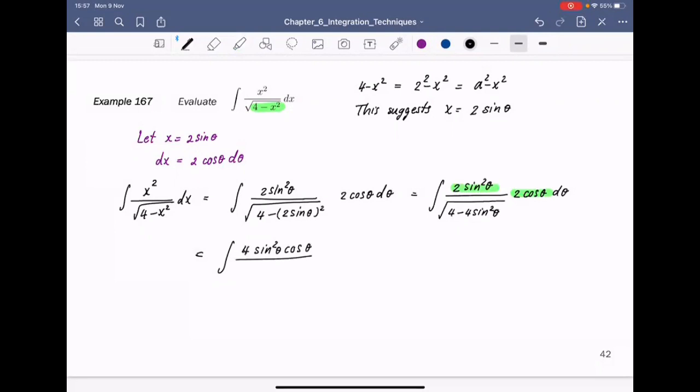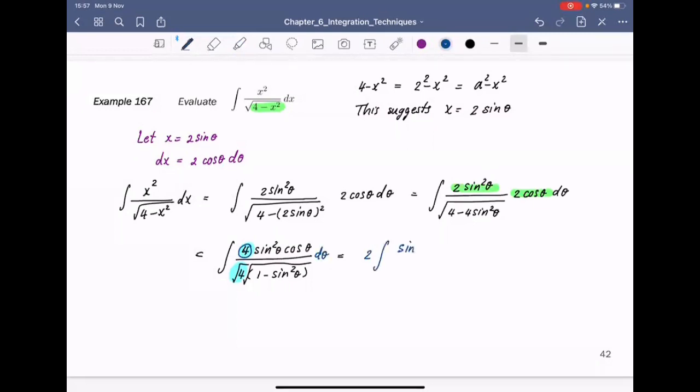And then on the denominator, I can pull out the number 4. So I'm going to get 4 times 1 minus sine squared, and then I take the square root, right? That number 4 that I circle is gonna cancel with the square root of 4. So you get to integrate. Oops, I missed the theta there.